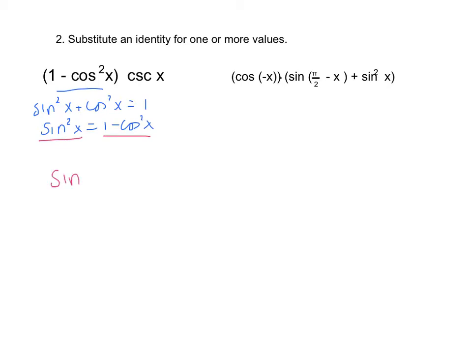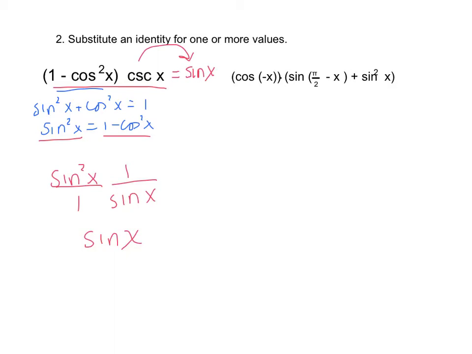So I will do that. Sine squared x. Cosecant is 1 over sine. I can cancel one of those and I'm just left with sine x. So this expression right here is equal to sine x. In other words, I can make the left side, the more complicated side, look like sine x. And that's what I want it to be. So right now I'm just simplifying an expression. I'm not verifying an identity, but I'm simplifying.